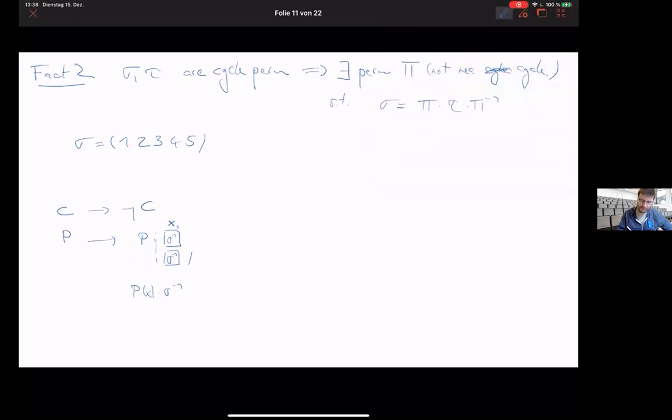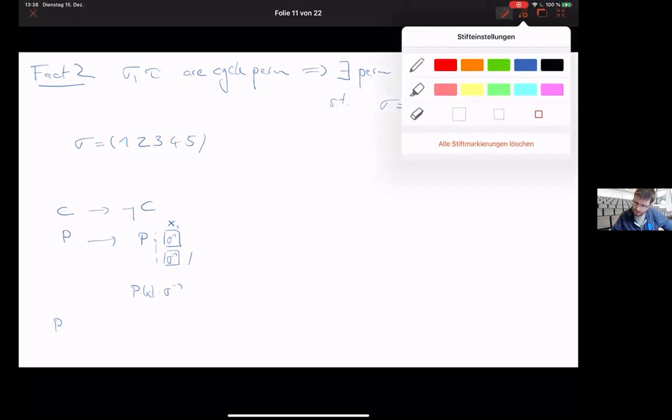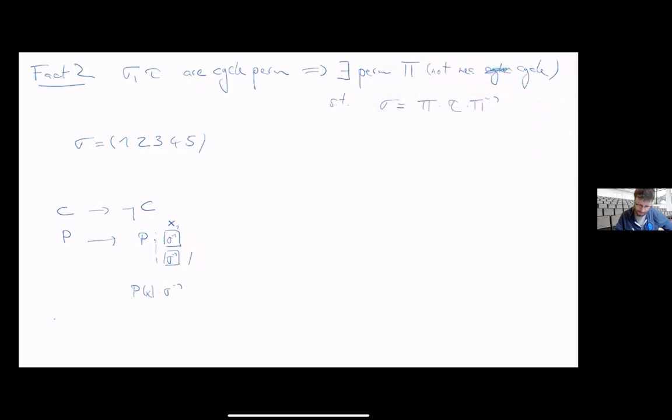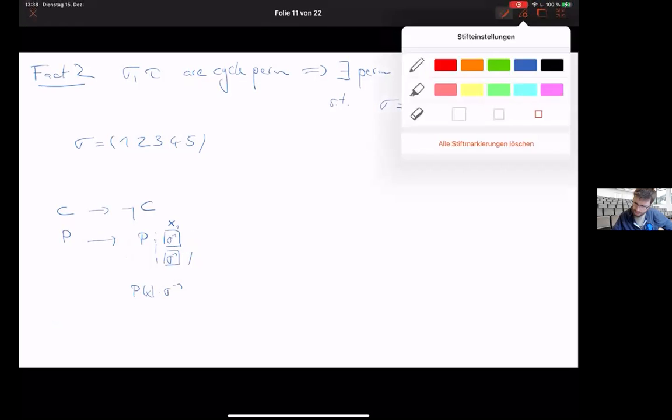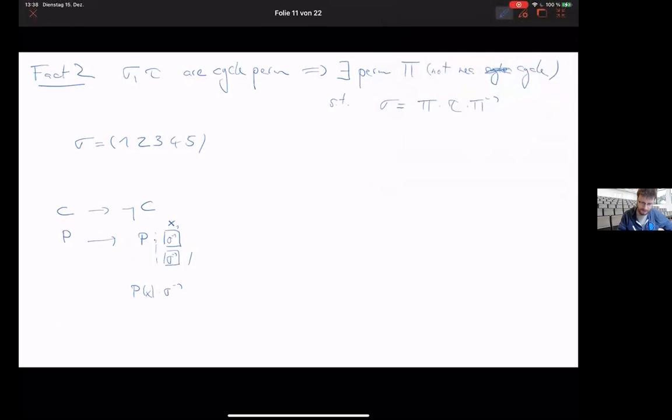So if you think about it, if C of x equals 0, then I know that P of x equals the identity.